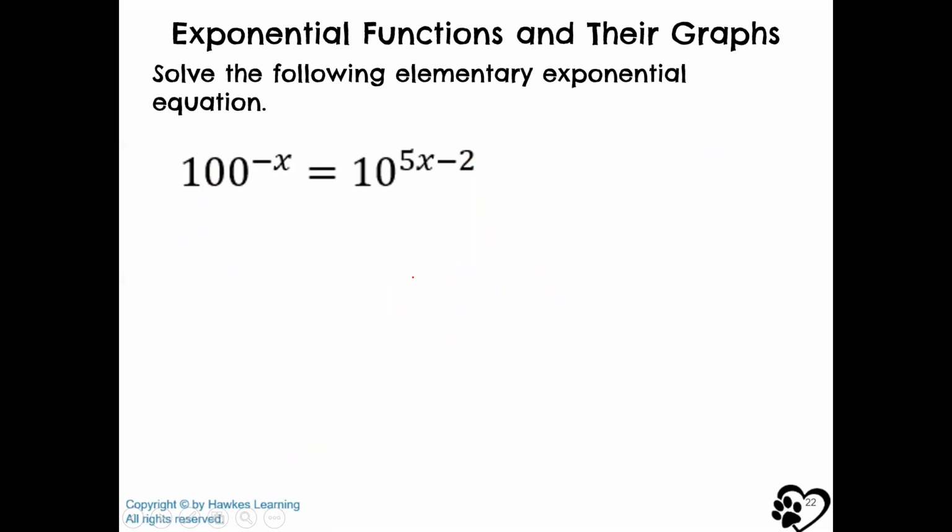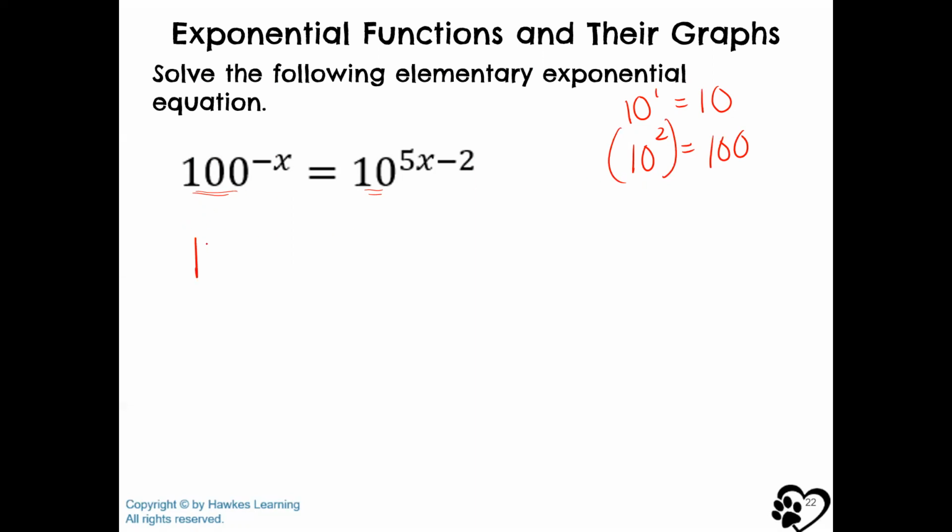All right, another one. Let's see. I know that I can write 100 as a power of 10, right? So 10 to the 1st power is 10. 10 squared is 100. There we go. So that's what 100 equals. It's 10 squared.